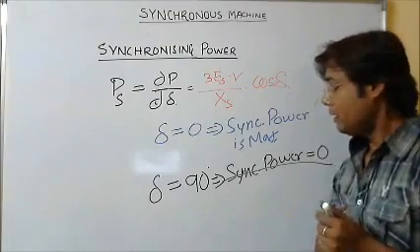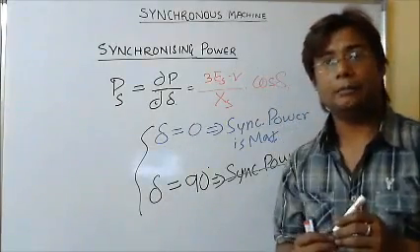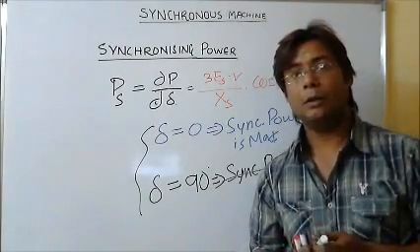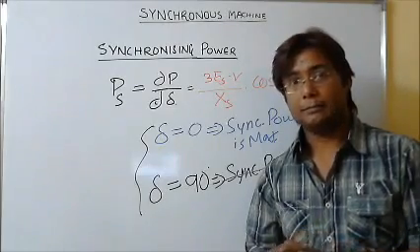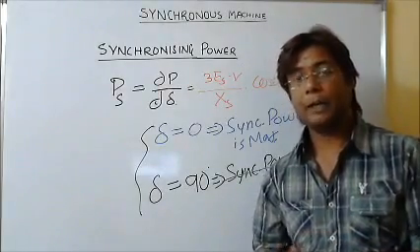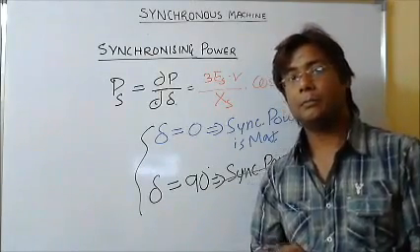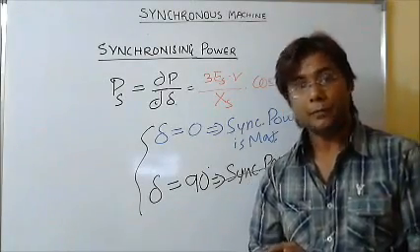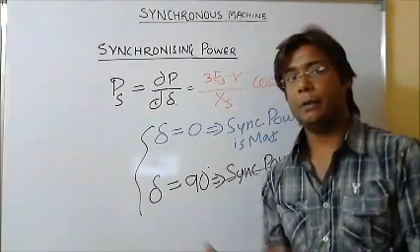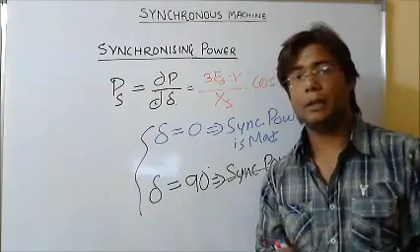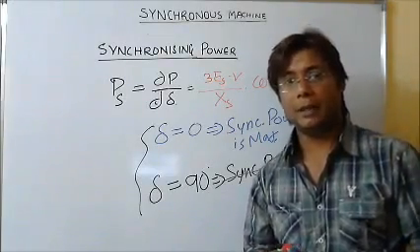Delta, as we know, is the load angle. So as the load increases, the synchronizing power decreases, and we can conclude one more point: as the load increases, the synchronism of the machine deteriorates, and when the load angle is 90 degrees there is no synchronizing power and it is on the verge of instability.